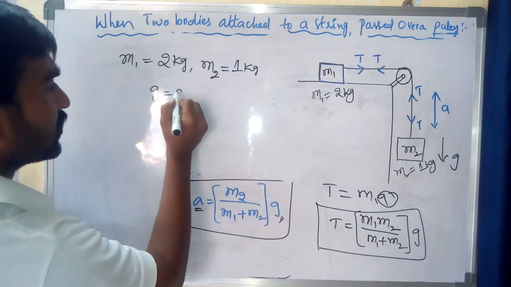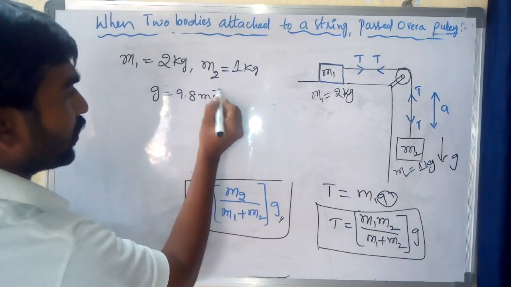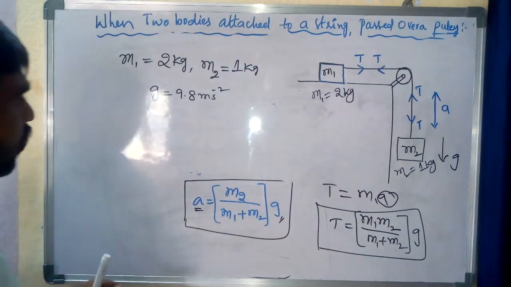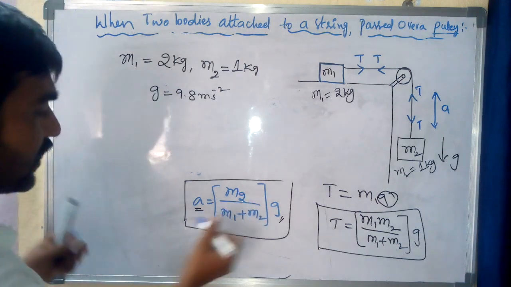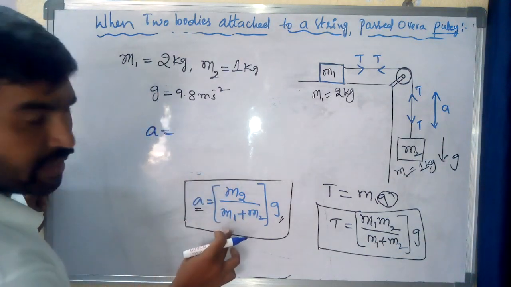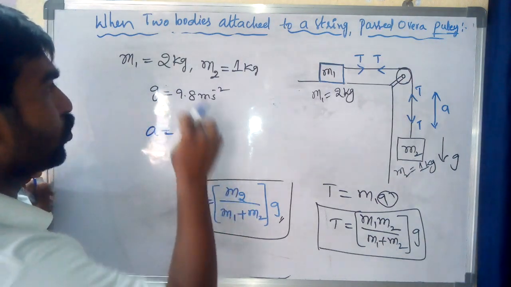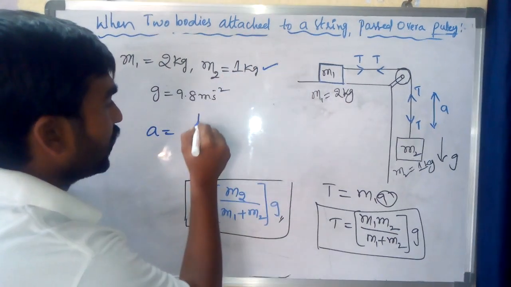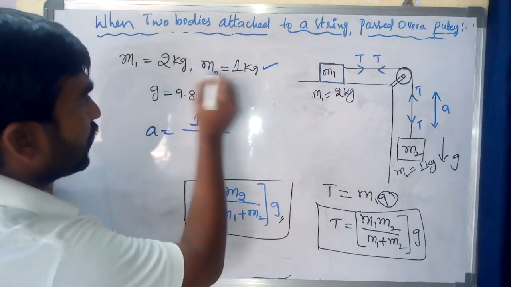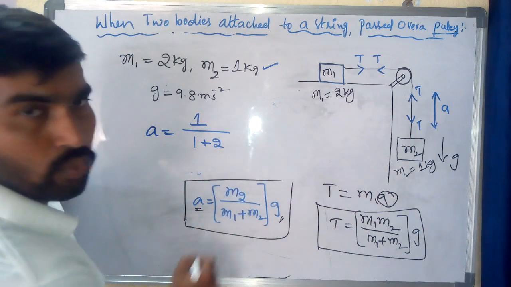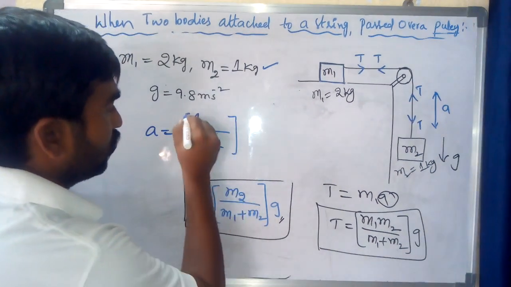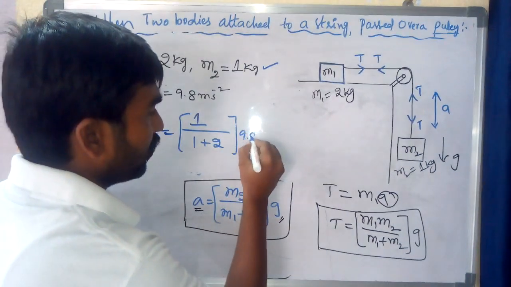We know that already. So what is the acceleration? A is equal to m2, which is 1, upon m1 plus m2, that is 1 plus 2, into the G value 9.8, which is 9.8 upon 3.